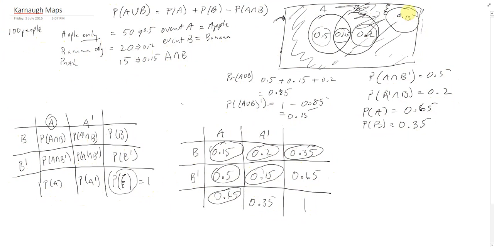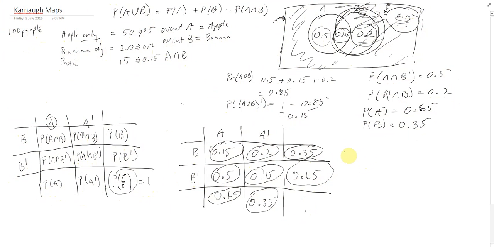In other words, it's this 0.15 and also this 0.2, so it's going to be 0.35. And yep, 0.35, good. And our probability of not having a banana, it's the same thing, but everything except that circle. So it's 0.5 plus 0.15, and that's 0.65. So yes, we had that one too.